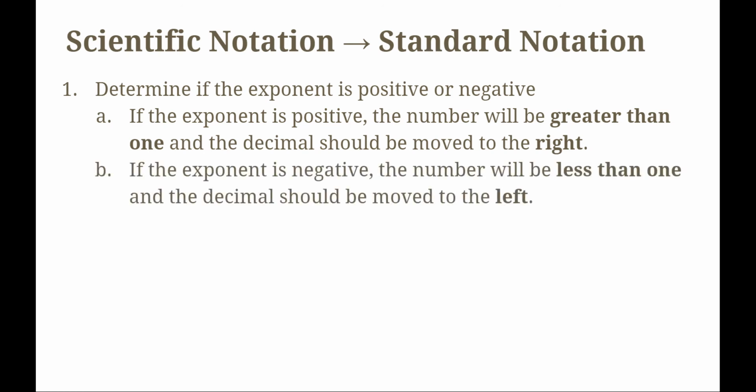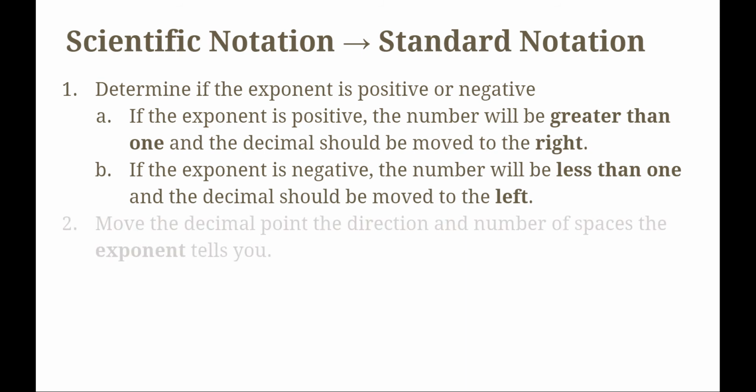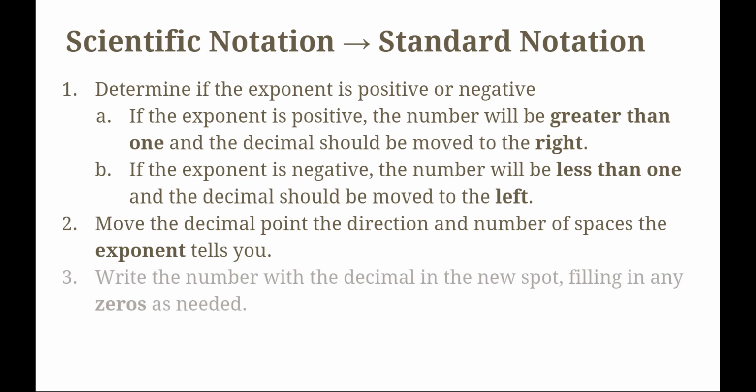If our exponent is negative, then we move that decimal place that many spots to the left. So let's say we have an exponent that says -4, it just means move our decimal place 4 spots to the left. When we have moved our decimal place, then we write the number with the decimal in the correct new spot. If we need to add in some zeros, we just add in zeros.